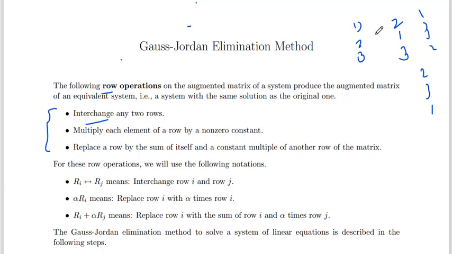You can interchange any two rows, but not columns. Second, multiply each element of a row by a non-zero constant.